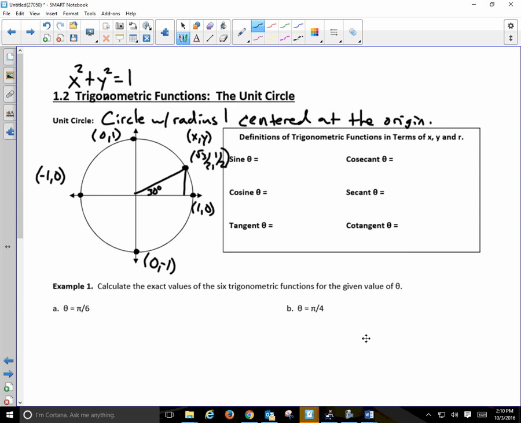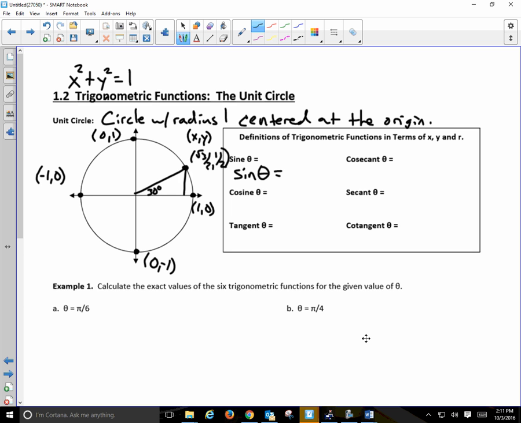We interject certain ratios that are extremely helpful to us in solving problems involving angles. And so we have this thing called the sine of theta. If you say sin instead of sine, I will scream at you. Call it like it is. It's sine, not sin.